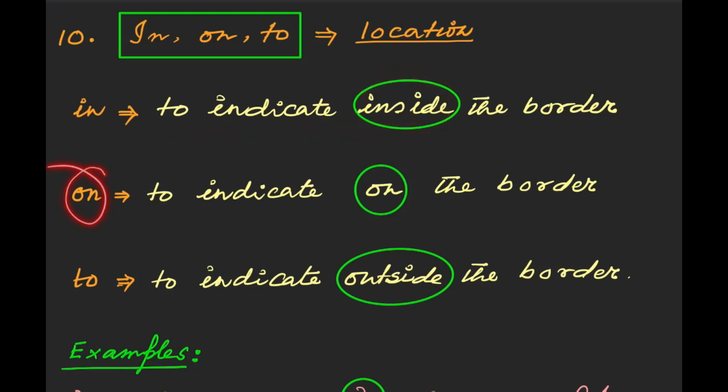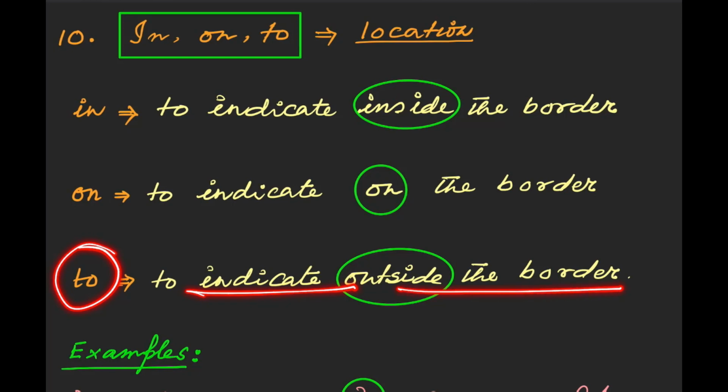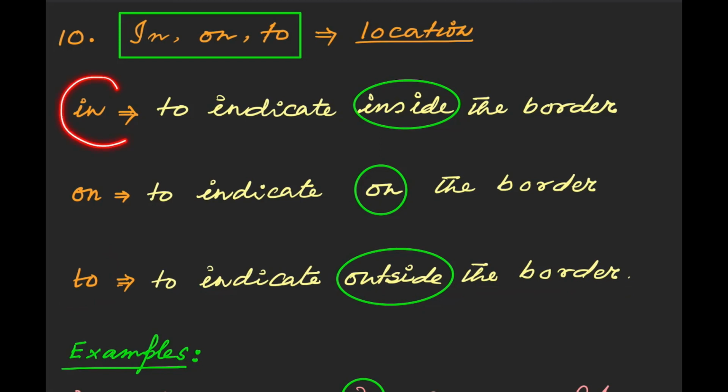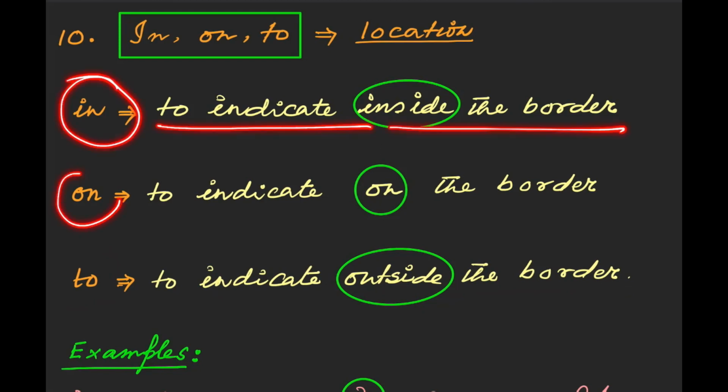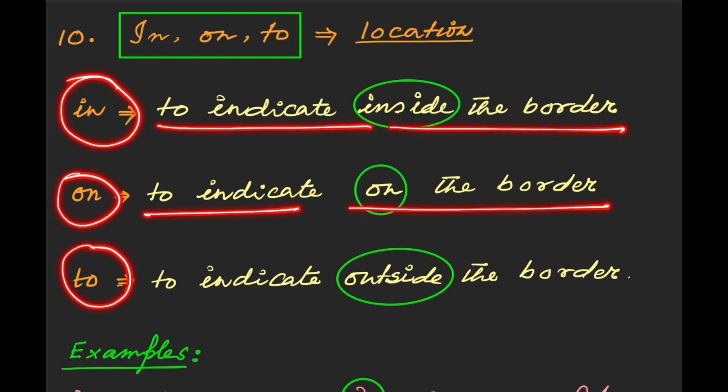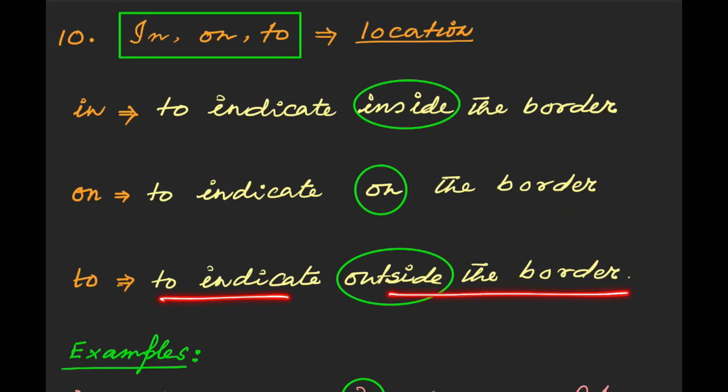On is used to indicate on the circle, on the border, and to is used to indicate outside the circle, that means outside the border. So try to remember, in is used to indicate inside the border, on is used to indicate on the border, and to is used to indicate outside the border.